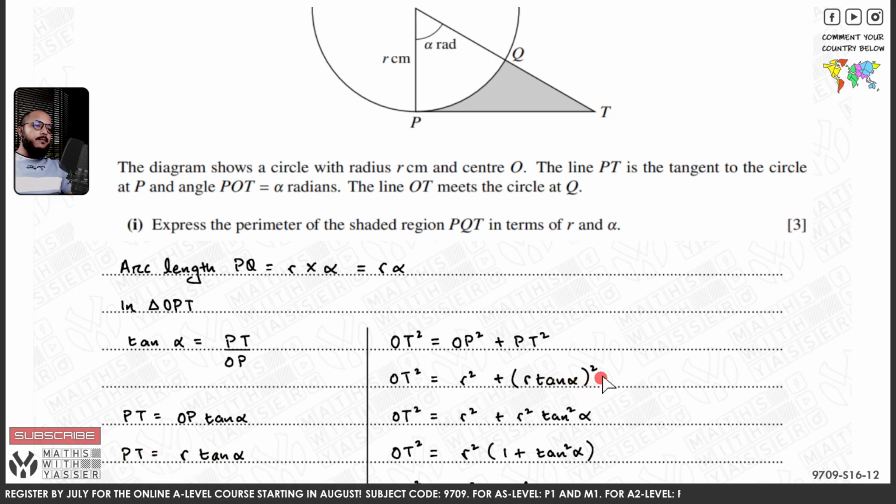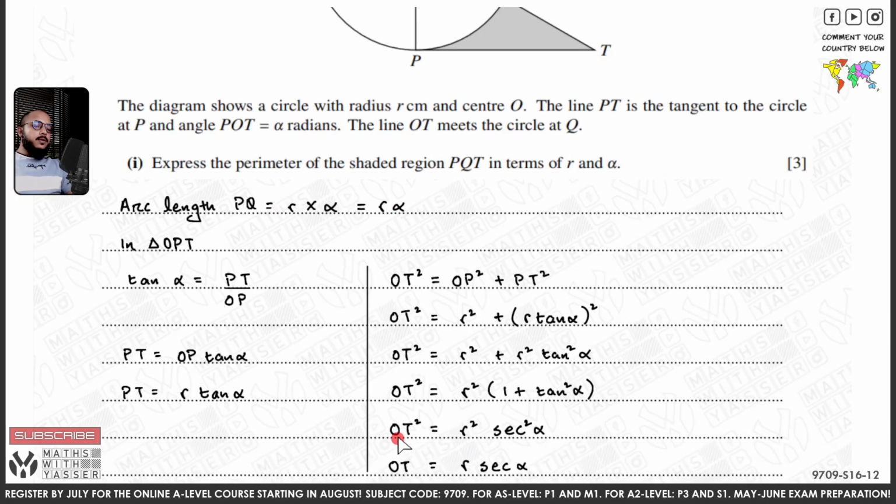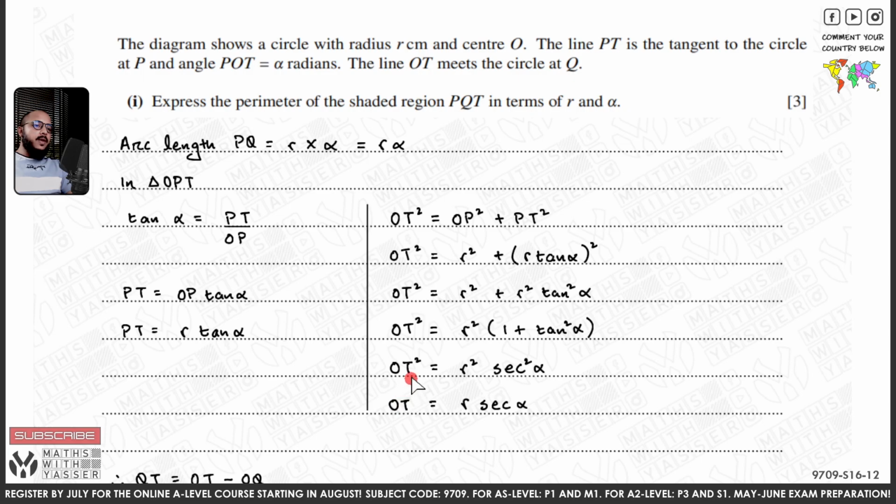So it will be R tan alpha whole square. That gives us R square plus R square tan square alpha. So OT square is equal to, we can take R square common, and it will be 1 plus tan square alpha. So OT square is equal to R square, and 1 plus tan square can be written as sec square alpha. So if I square root, we get OT is equal to R sec alpha.